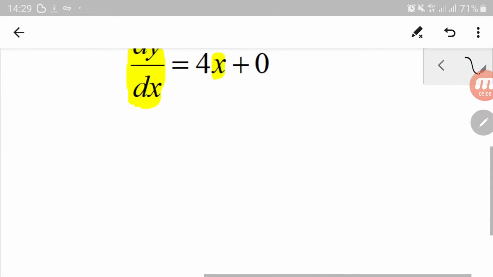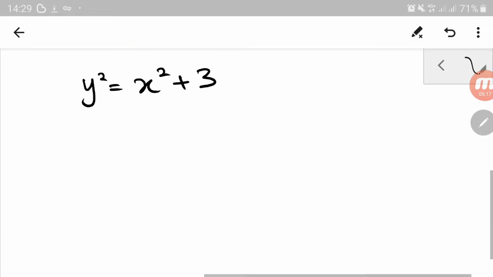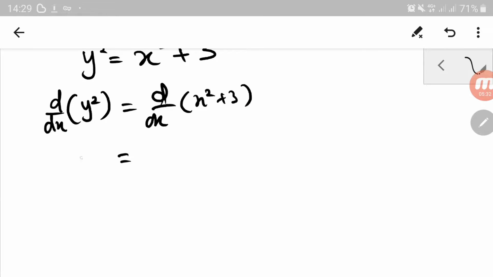Maybe some extra examples. So y squared equals x squared plus 3. Let's differentiate both sides in terms of x. So differentiate y squared in terms of x equals differentiate x squared plus 3 in terms of x. Now this one we differentiate as usual: 2y. We bring the power in front and then copy y with the power less by 1.